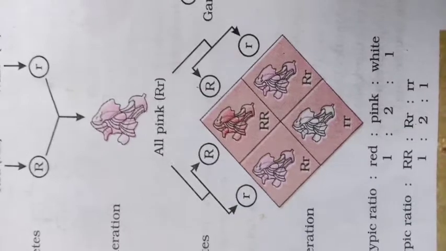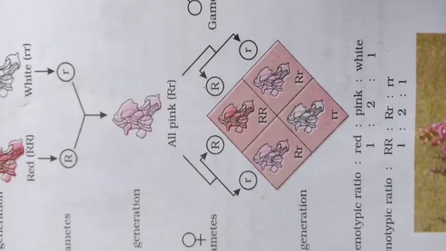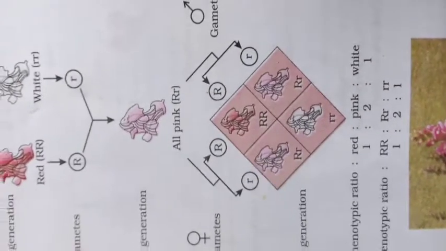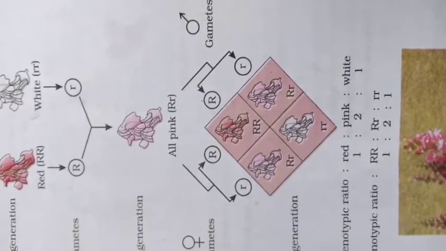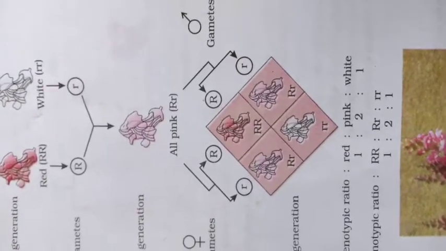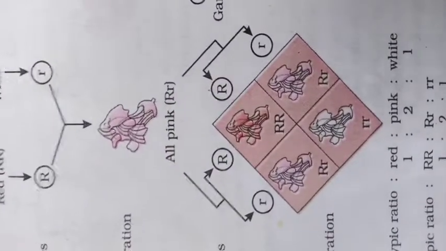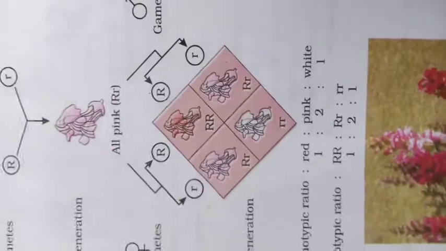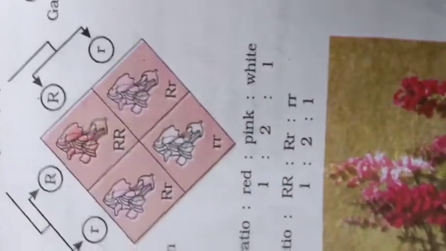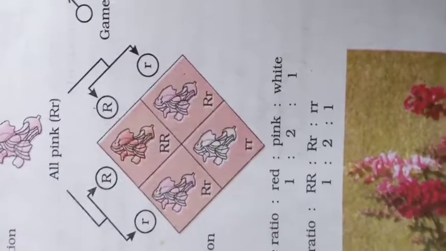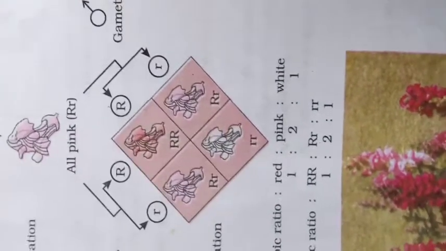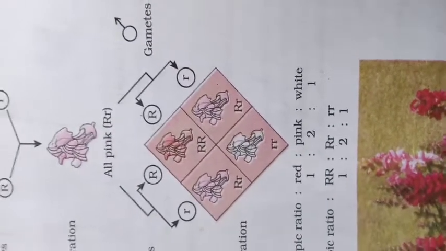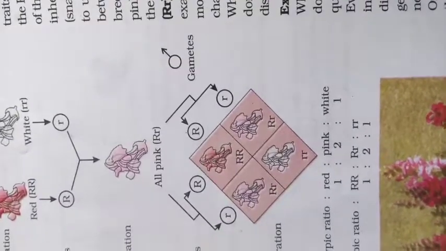And this was the reason that in the F1 generation all the plants were produced with pink colored flowers, and in the F2 generation we had a ratio of 1:2:1 again, with one pure red, two pink, and one pure white, and this was due to segregation.